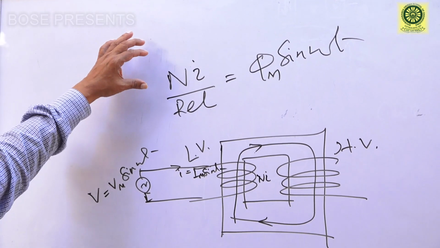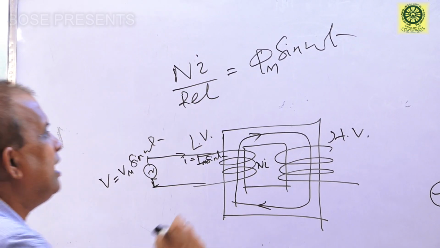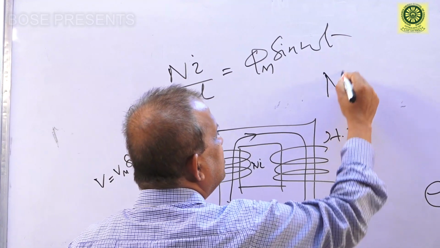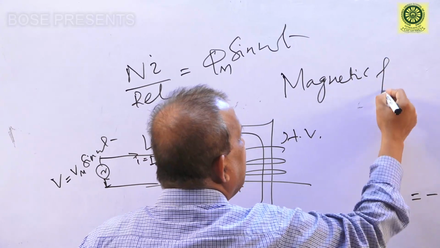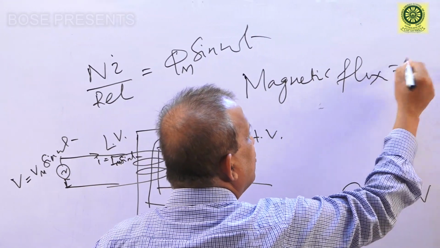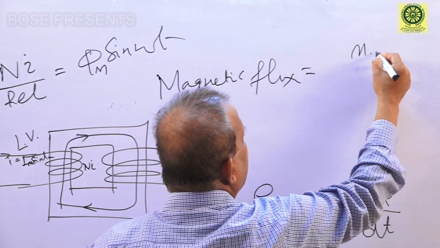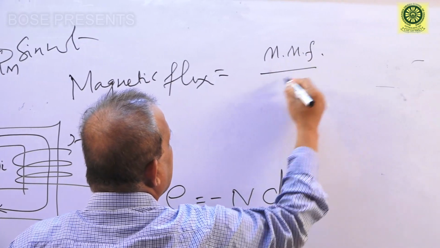We know that the magnetic flux is equal to MMF by reluctance.